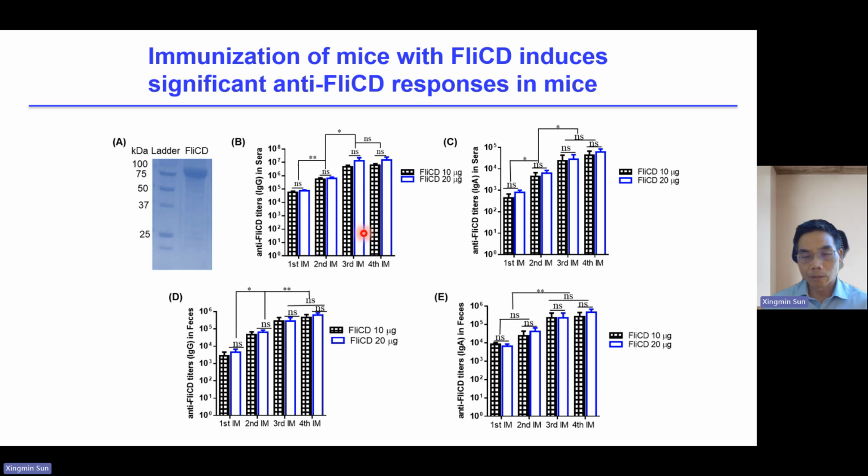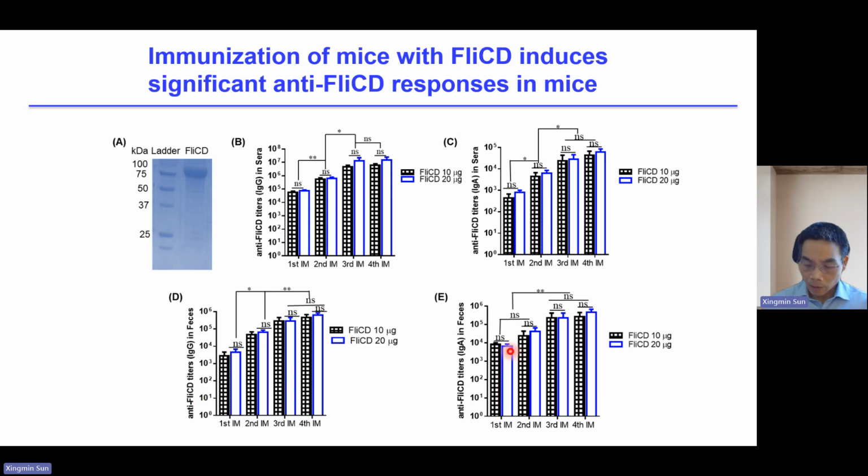Then we collected the serum and fecal samples of the immunized group, and we found immunization with FliC can induce significant anti-FliC antibody responses, IgG and IgA antibodies in serum, as well as IgG and IgA antibodies in fecal samples.